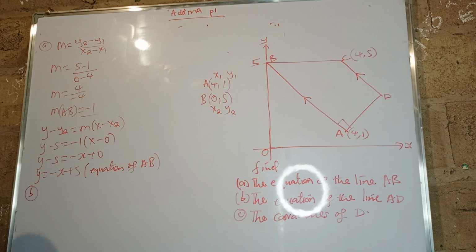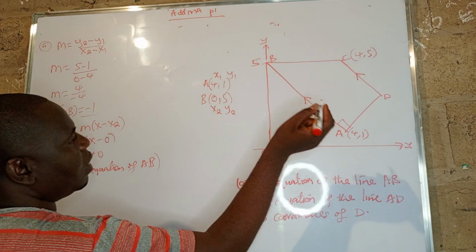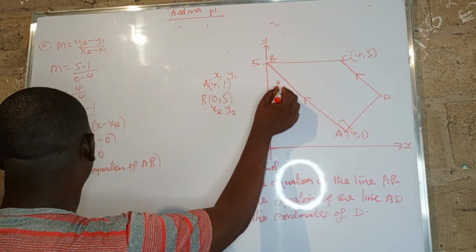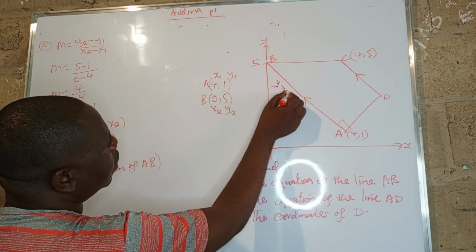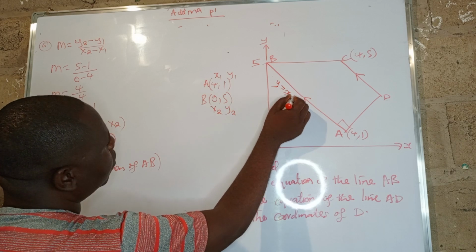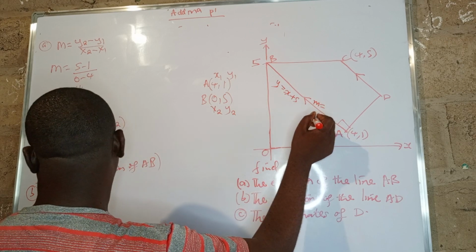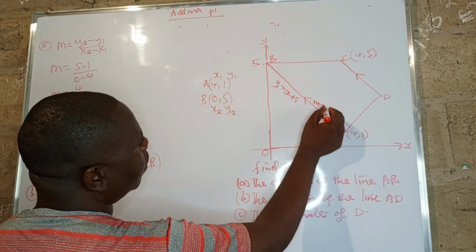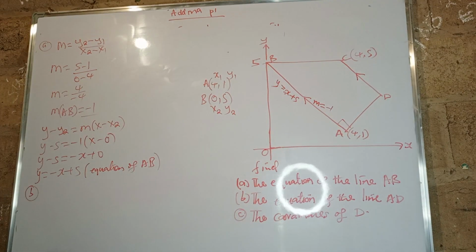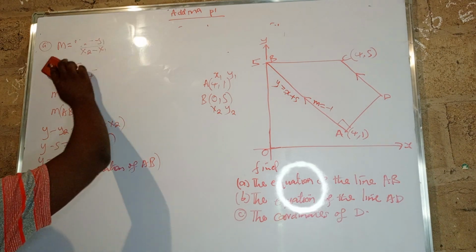The question says, find the equation of line AD. Let me write here so I don't forget: my equation for AB is y equals negative x plus 5, and my m for this one is negative 1.